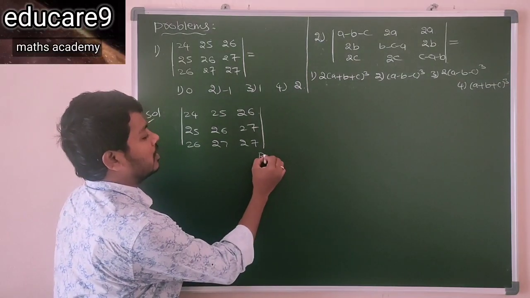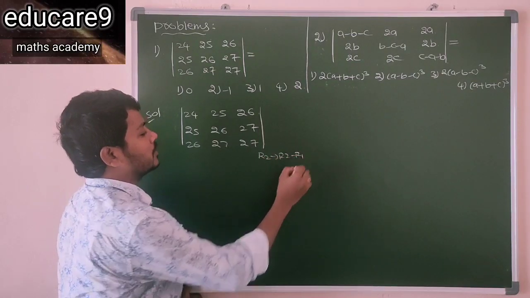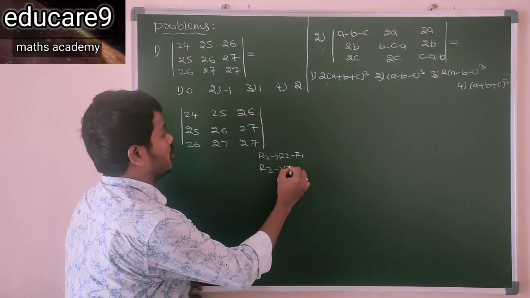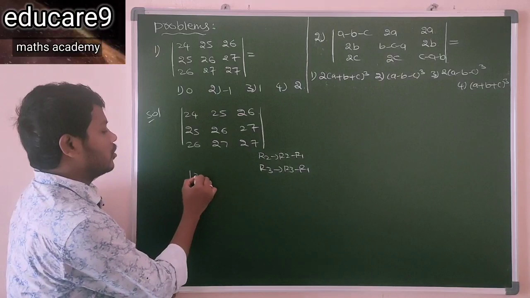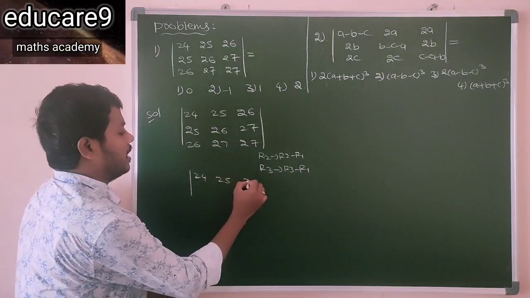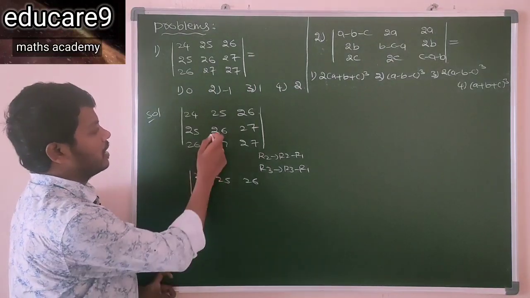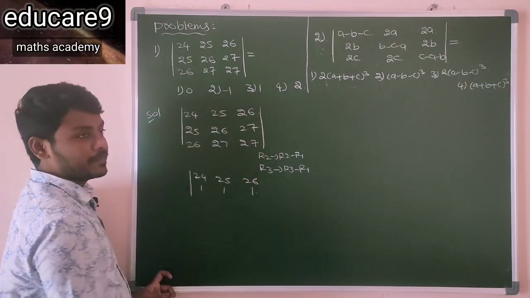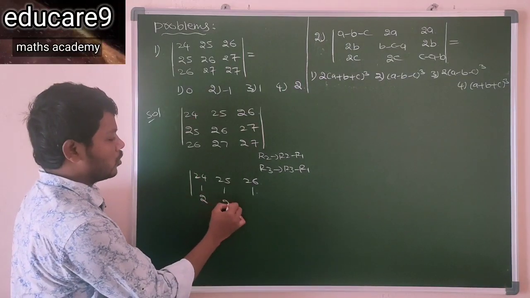So see here, R2 changes to R2 minus R1, and again R3 changes to R3 minus R1. So what do you get? 24, 25, 26. So 25 minus 24, 1. Here also 1. 27 minus 26, here also 1. Next 26 minus 24, 2, 2, 1.